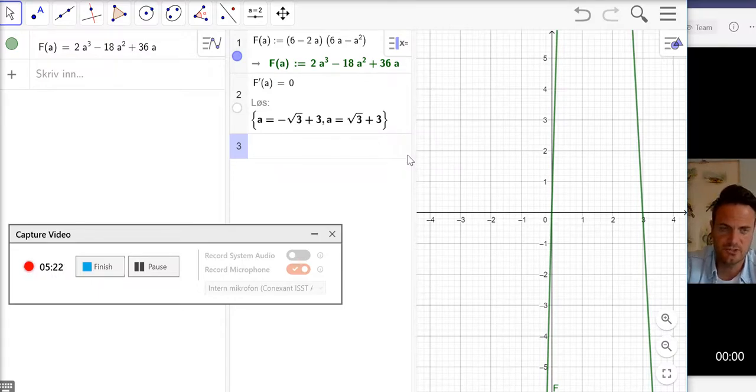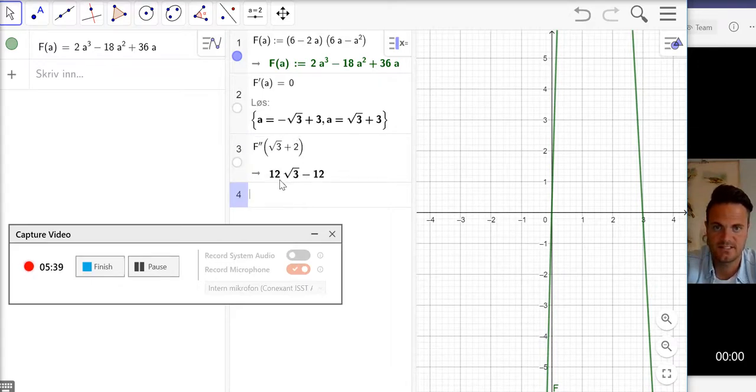But we should confirm that this is a maximum point and not a minimum point. Remember, we can put the x coordinate, square root of 3 plus 3, into the second derivative. And we see that we get a positive answer, which means that the graph is smiling.